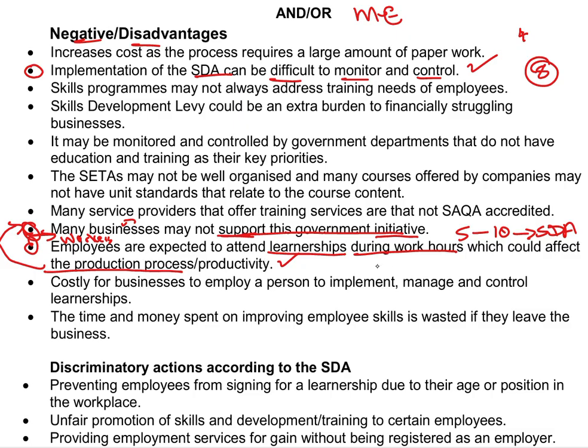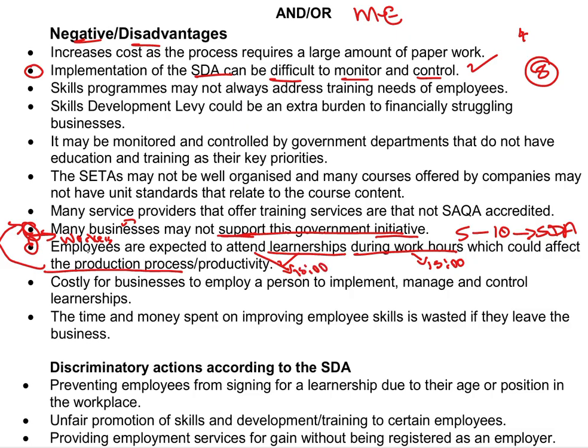Employees are expected to be at the training during work hours, and at that time, let's say it is 3 o'clock, these are work hours, but they are expecting you to attend at the same time.